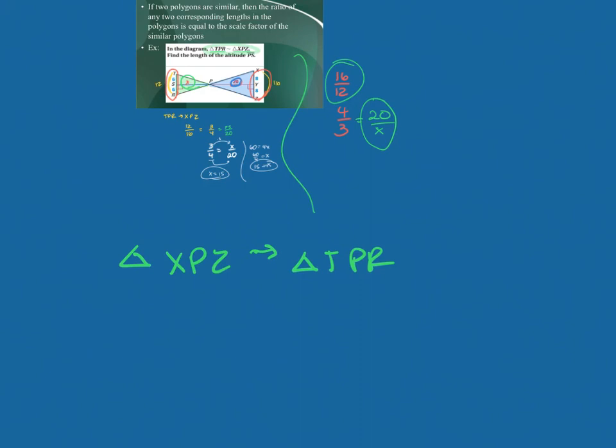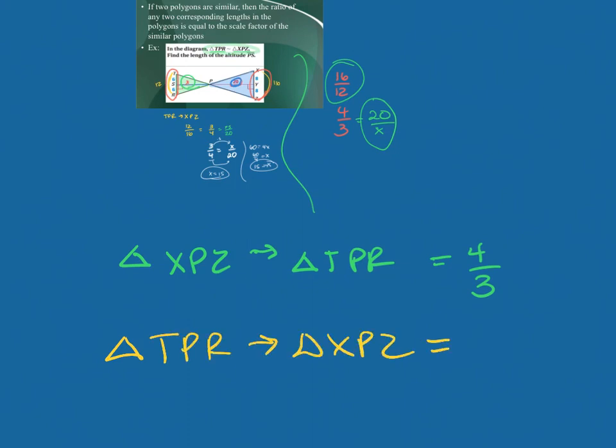That answer has to be 4 to 3. Does that make sense? Yes. Because I gave you an order. If it said what's the scale factor of TPR to XPZ, it has to be 3 over 4. But if I'm just using it to find the length of one of the sides, the order doesn't matter, as long as I'm consistent on both sides of my equal sign.